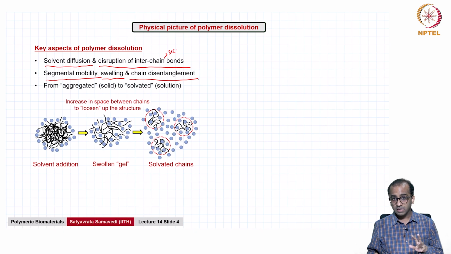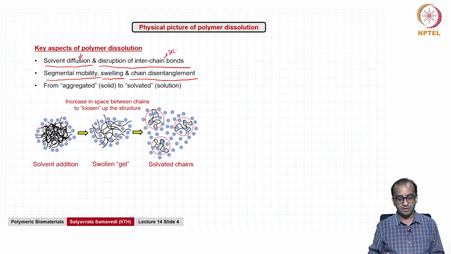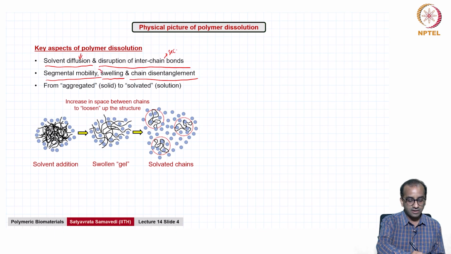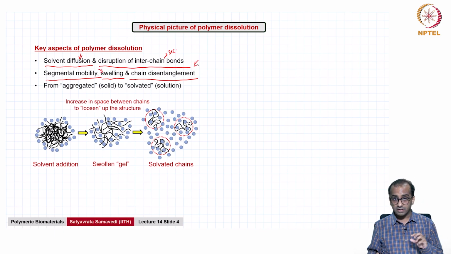You see, there are some aspects that are similar to what would be for a small molecule, but many of them are very different. And the key words to note here are, there is diffusion of solvent, there is swelling, and there is chain disentanglement. These are three very important characteristics that are important for understanding the dissolution of a polymer in a solvent.